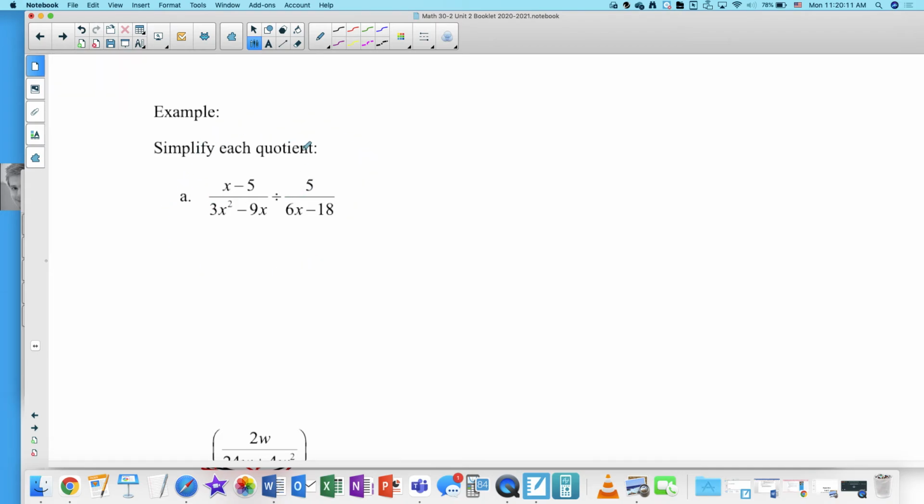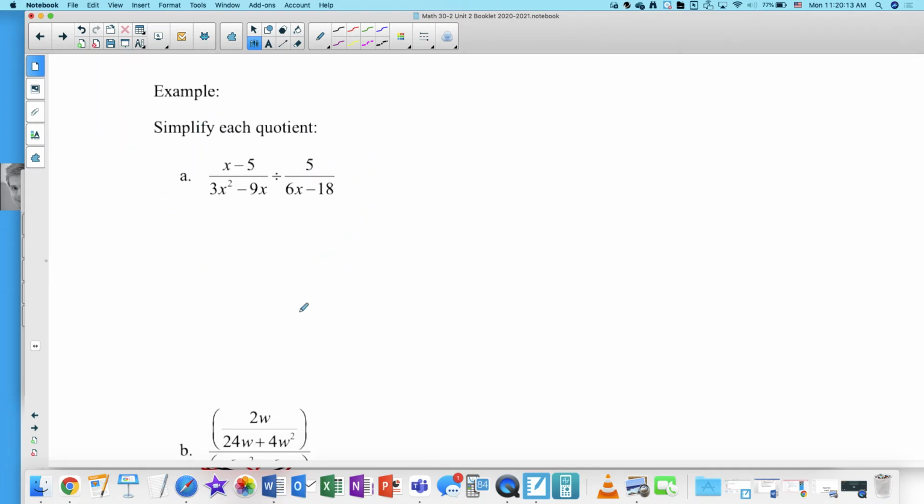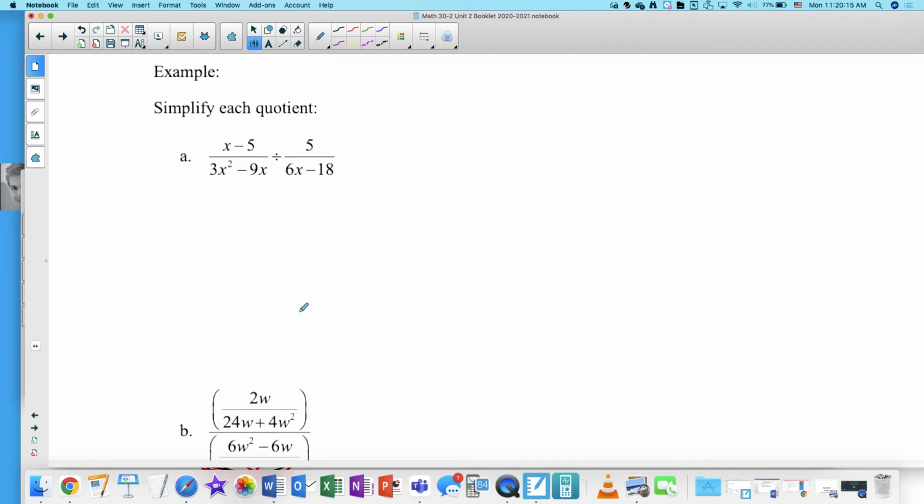So if I'm looking at this guy, simplify each quotient, I need to think again in terms of factoring. So one thing you can do if you want is multiply by the reciprocal and factor at the same time, so you don't have to write the same thing over and over again. Some people just like to write the whole thing again where you're doing multiplication. I'm going to factor at the same time.